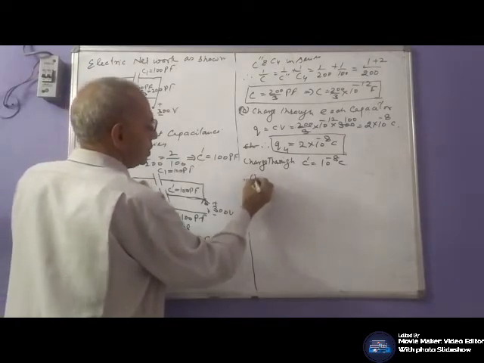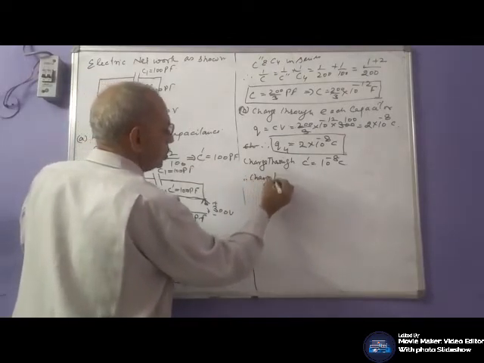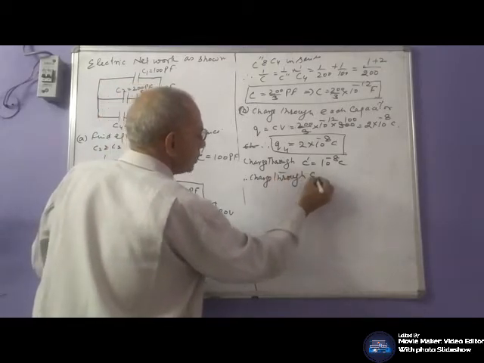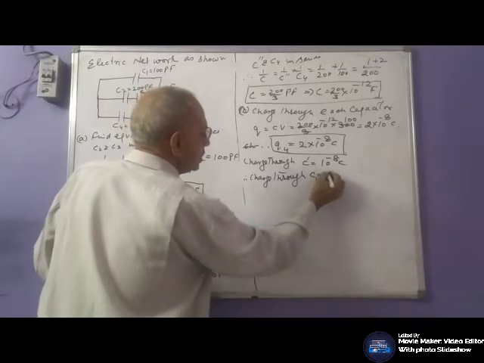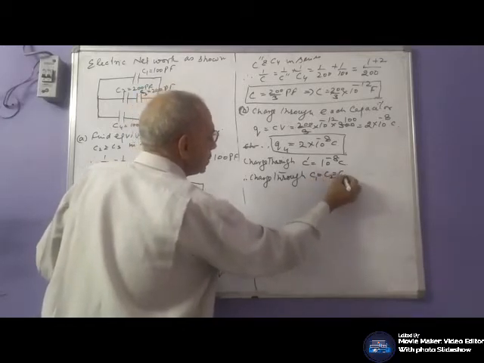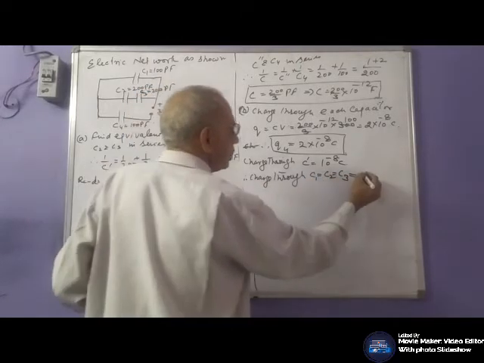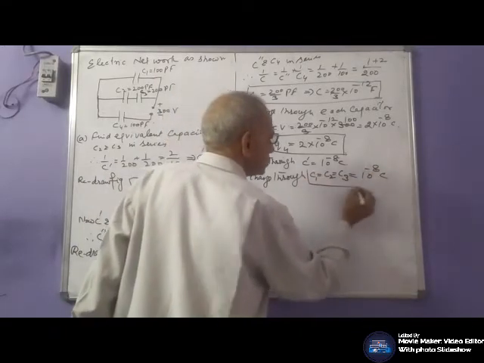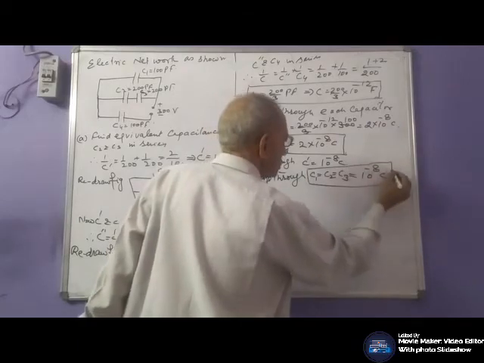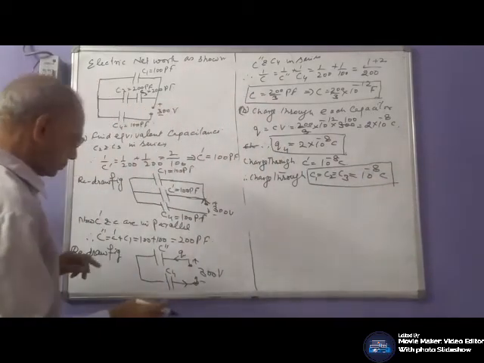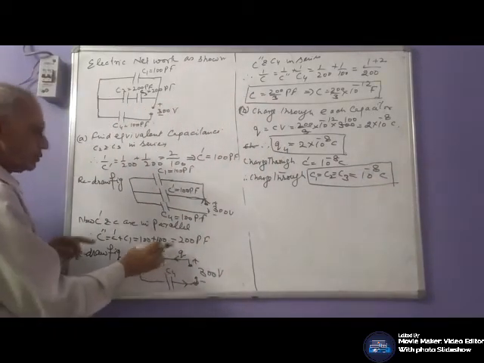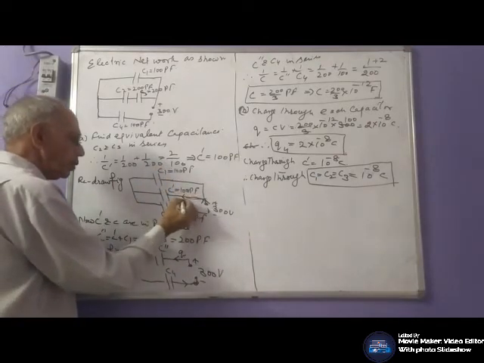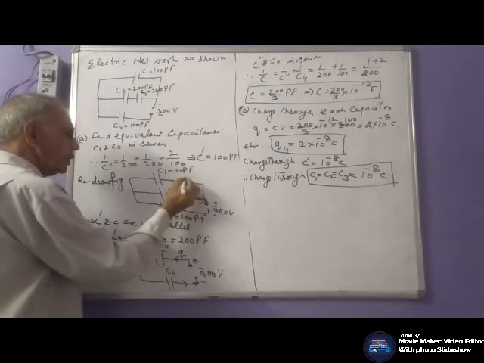Therefore, charge through C1, C2 and C3 is equal to 10 to the minus 8 coulomb. Why? This Q charge is flowing equally, so it will be Q by 2.